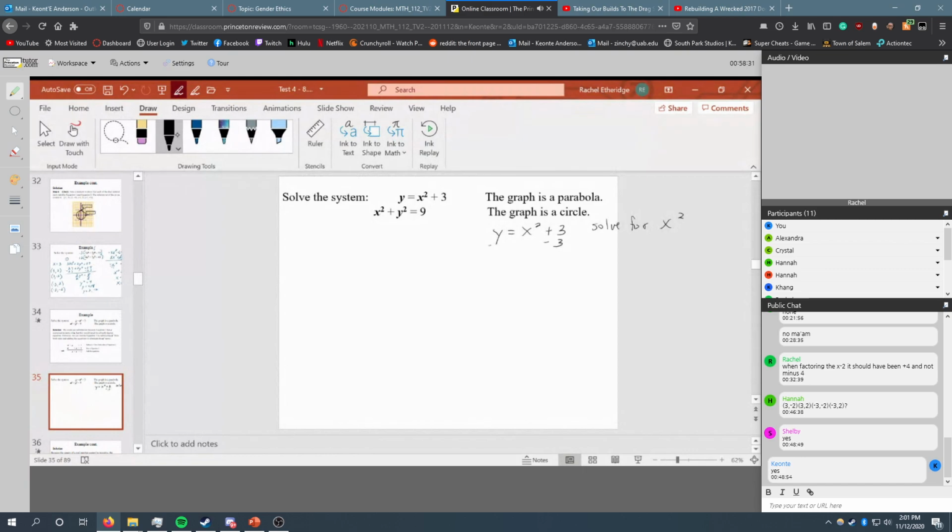So if I subtract 3 from both sides, I'm going to get x squared equals y minus 3. And this is the substitution I'm going to make. I'm going to go to this equation right here, and in place of x squared, I'm going to plug in y minus 3.